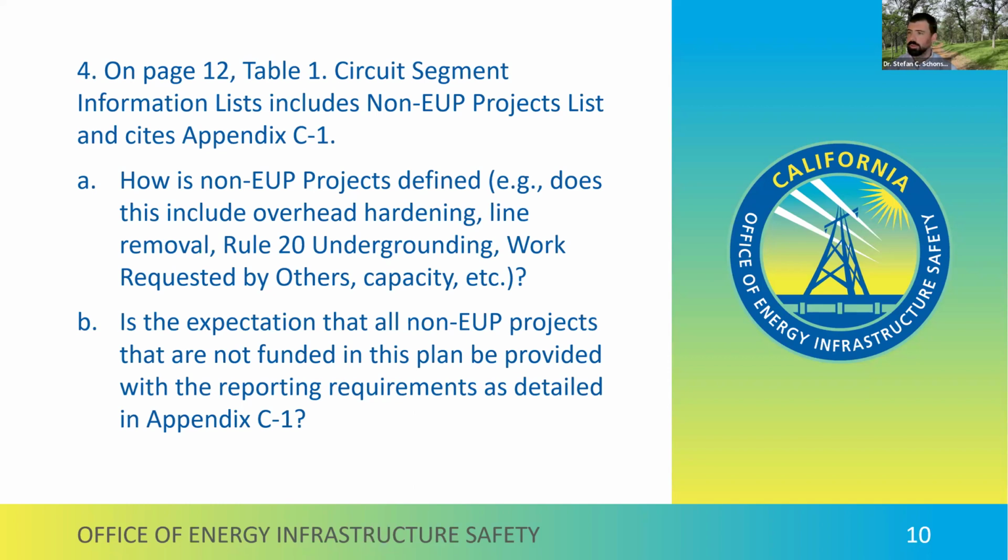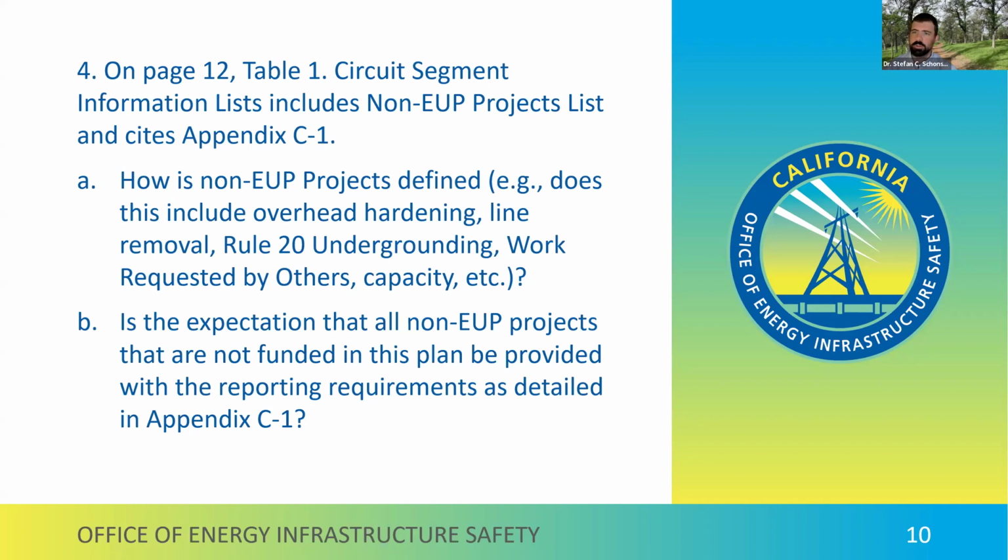So I do agree that there is some kind of soft language here, and we will consider editing it, especially given comments on this. But I would say this table is self-contained, so the reference in 2451 explains that the non-EUP projects here just look for any ongoing activities that could change the model risk landscape.